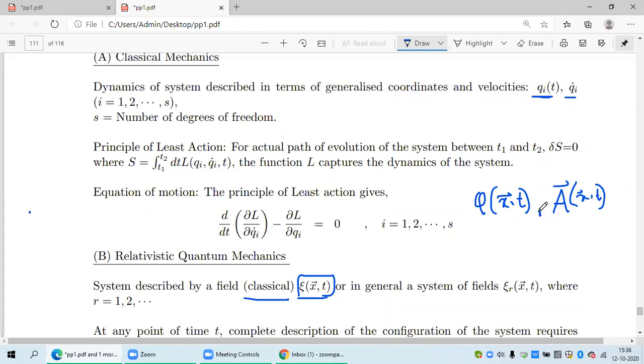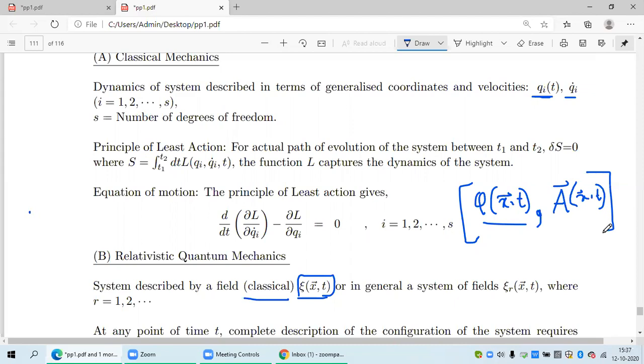Here you have just 4 degrees of freedom, 3 components of A and one phi. As you are saying, if I know these 4 numbers at any point of time, then I know the description of the field. But there is a subtlety here.